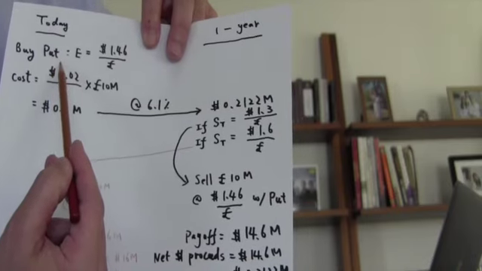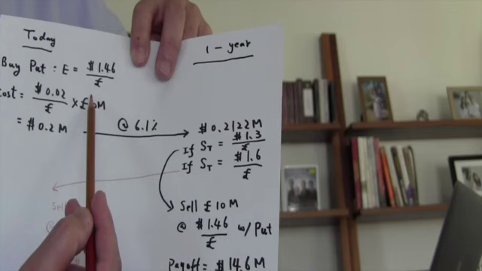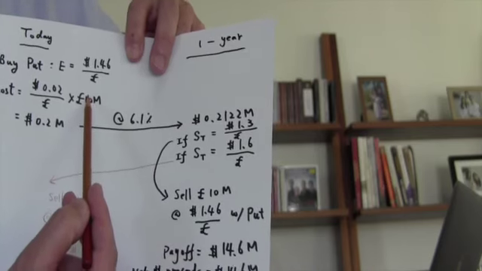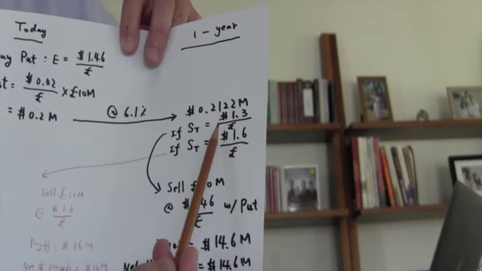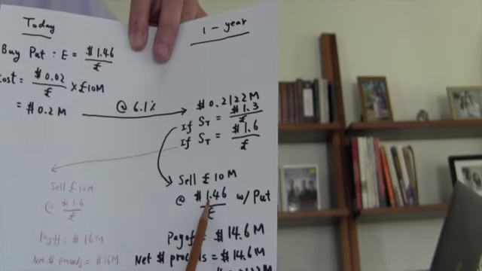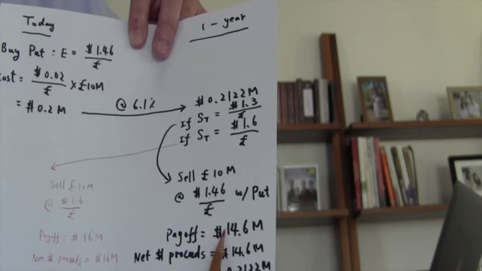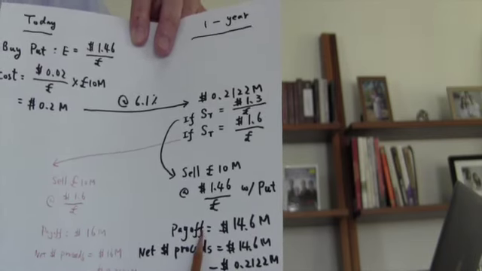The put option gives Boeing the right to sell at 1.46, which is a higher price than the 1.3 spot market in a year would provide. So the logical thing is to sell at 1.46, which turns out to be $14.6 million. That would be the payoff.